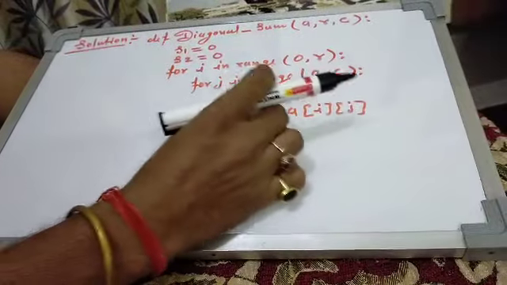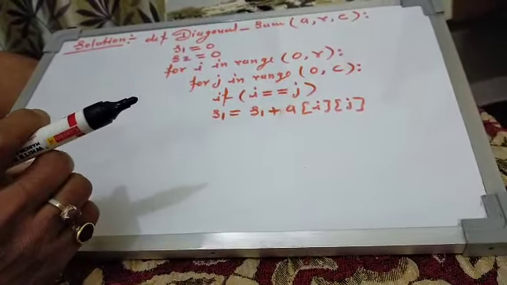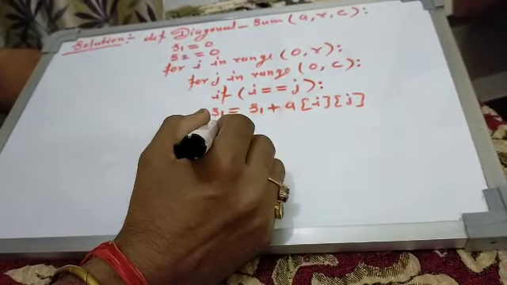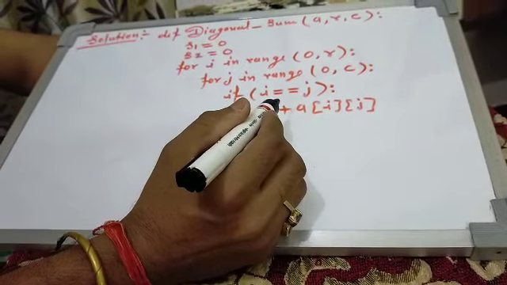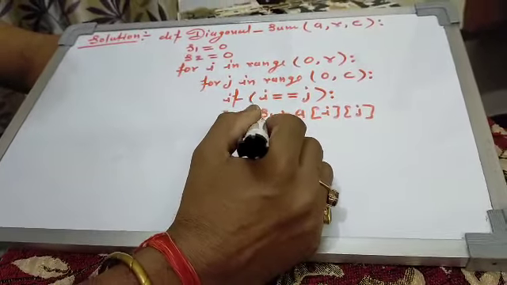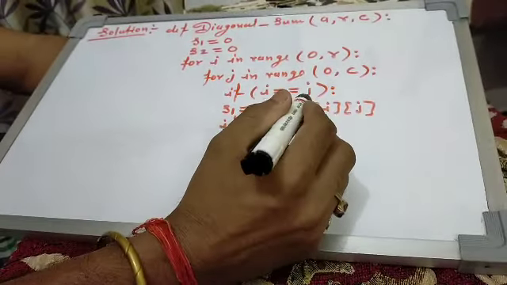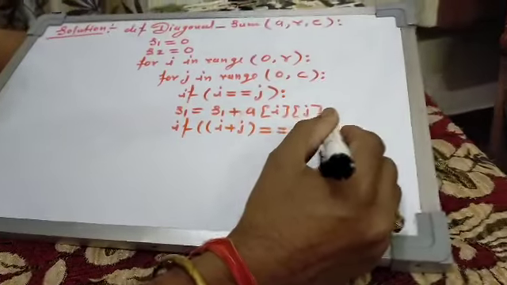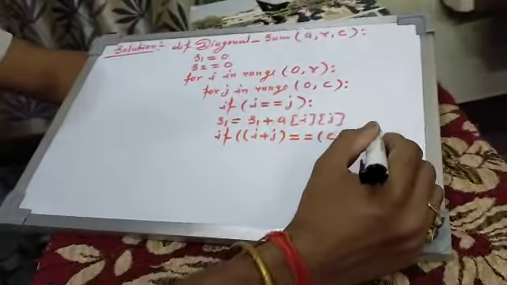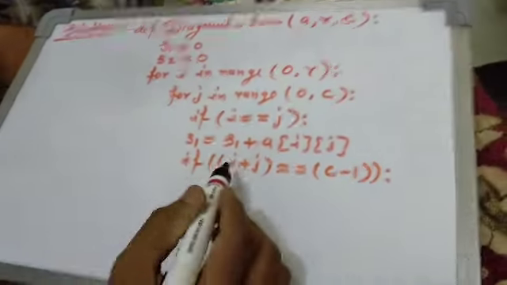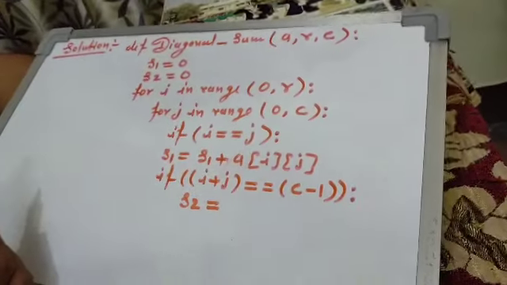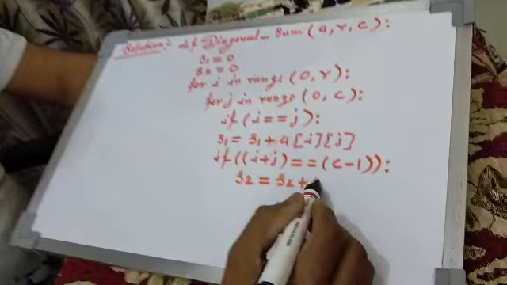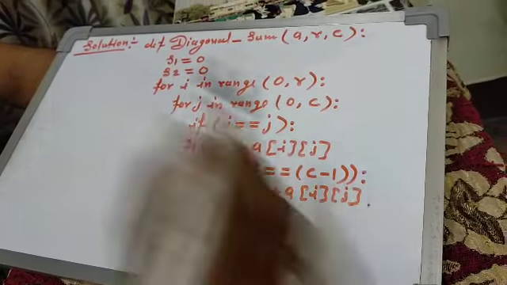So this is case sensitive. s1 is equal to s1 plus a[i][j], and then again check a condition: if i plus j is double equal to c minus 1, then s2 is equal to s2 plus a[i][j].